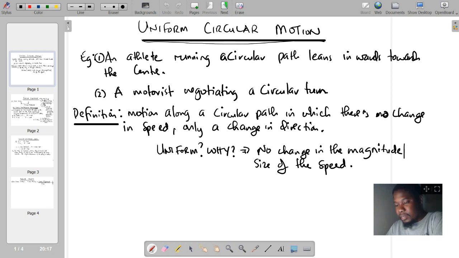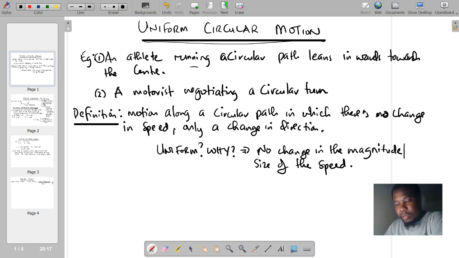What you notice is that as they run around that circular path, they lean inwards so that they can continue to move along that circular path. That's the first example: an athlete running a circular path leans inwards towards the center, because they want to maintain their circular movement.